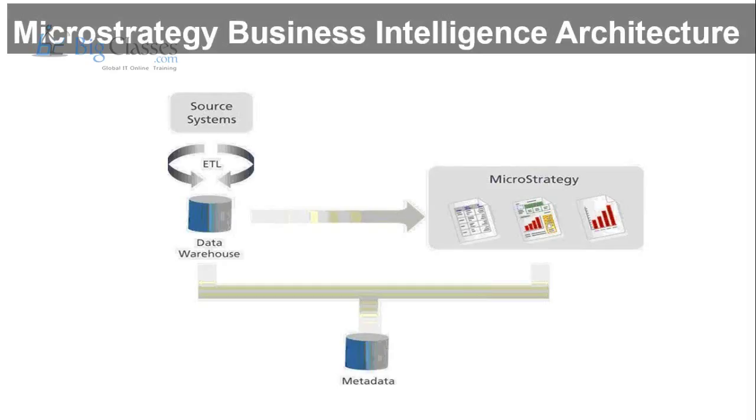It will see how my year object is pointing to which table and column, and how my revenue object is pointing to which table and column, and based on that it's going to formulate the SQL query. Once that SQL query is ready, it's going to open a connection to the warehouse, fire that SQL, and fetch the required data. Once the data has been fetched, it will come back to MicroStrategy and display that data in the format of the report or dashboards.